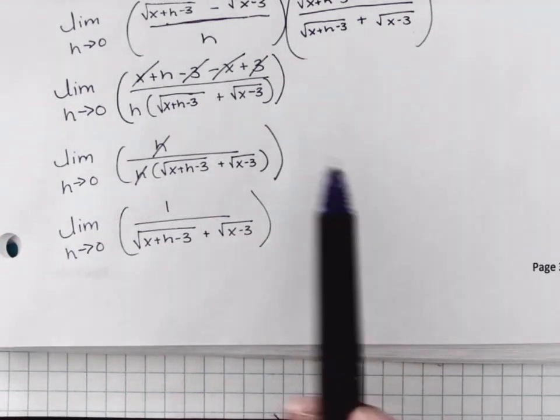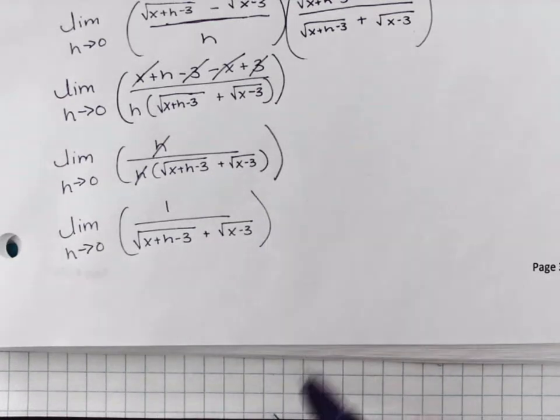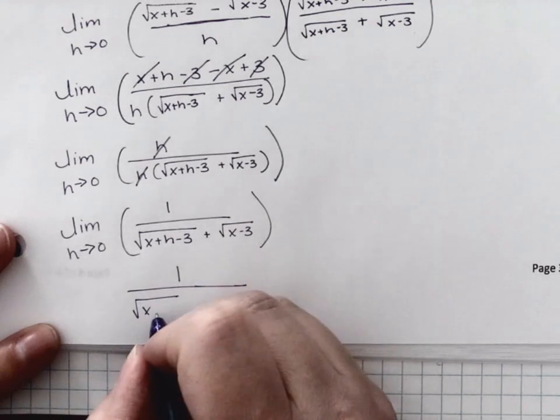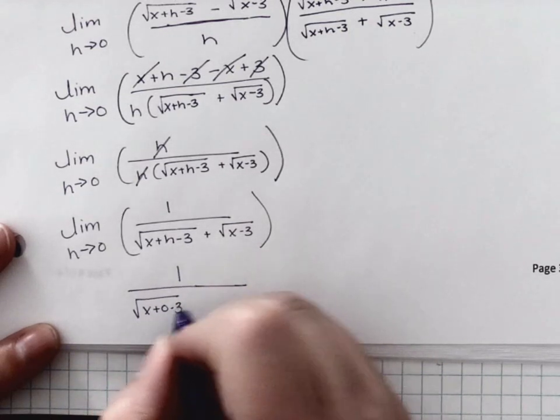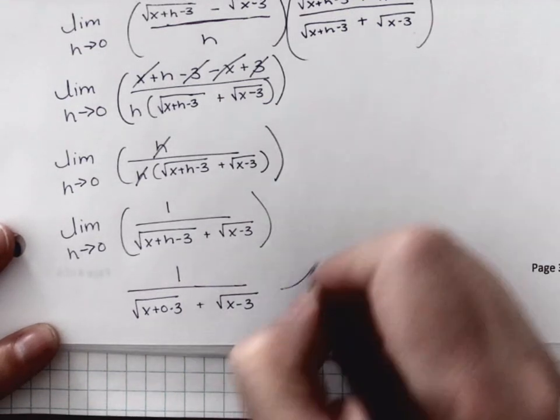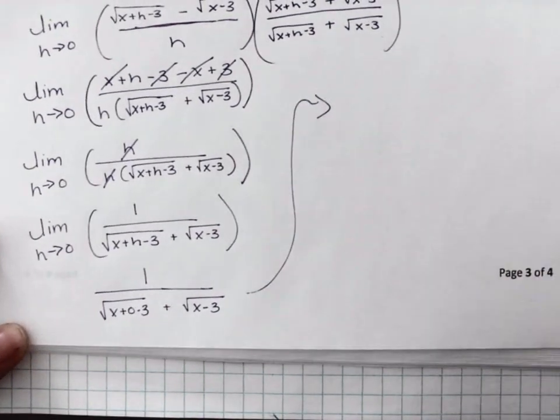Okay, so if we were to do direct substitution in here, we would have 1 over root x plus 0 minus 3 plus root x minus 3. I'm just going to bring that up here. I'm kind of running out of room.